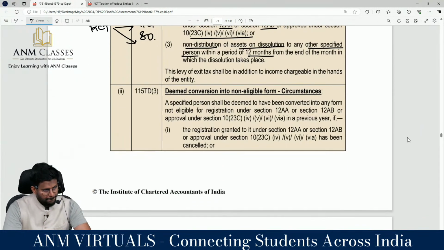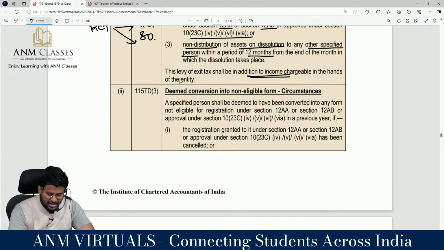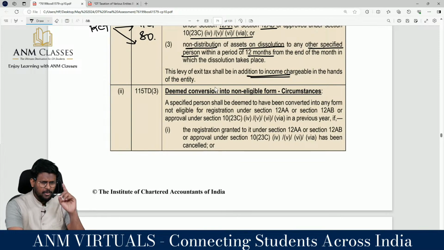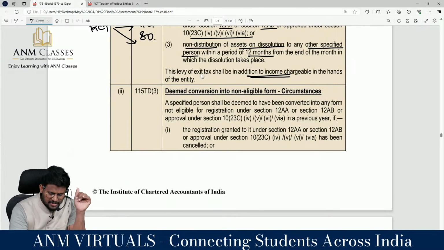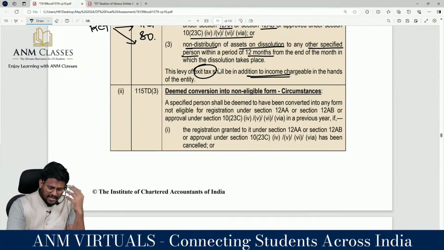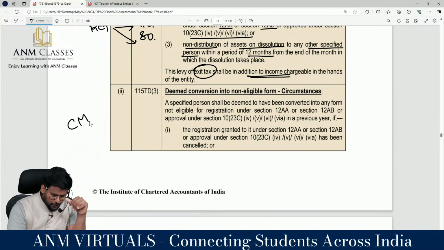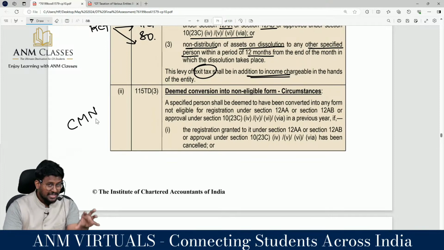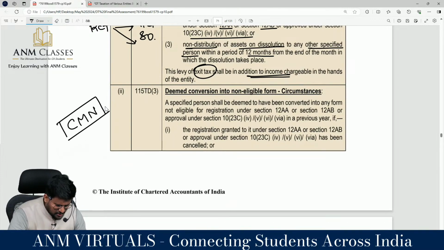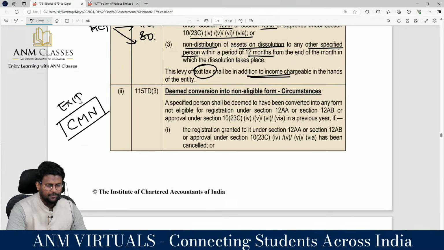This levy of exit tax shall be in addition to the income chargeable in the hands of the entity, correct? Then we will levy a tax called inner tax, exit tax. This is the applicability of exit tax. If you are converting, merging, or non-distributing the asset within 12 months from the end of the month, in these three circumstances, what tax will be applicable?